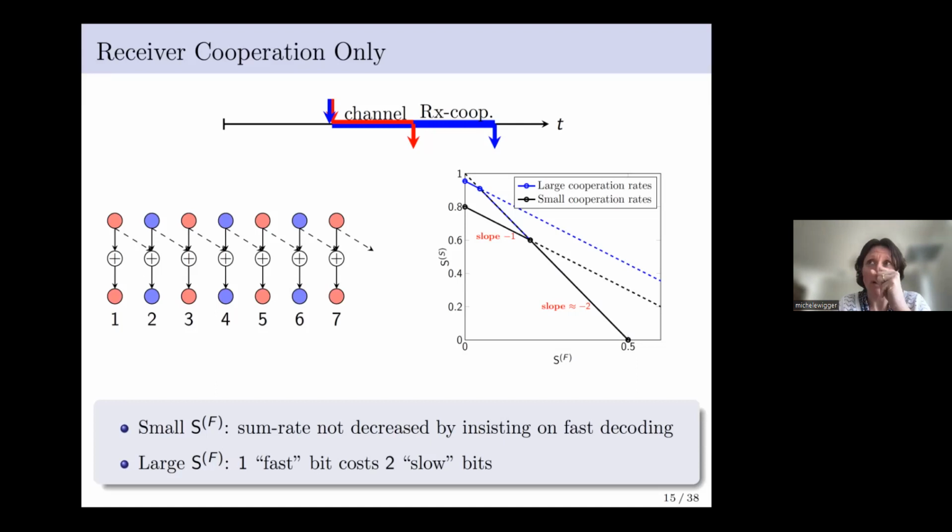And therefore, wherever you want to transmit the fast, if you want to have a good high-SNR performance, you need to silence the surrounding slow transmitters. And that's why it's like scheduling, right? It's time sharing. That's why you have a degradation. So in particular for this easy network, whenever you want to send a fast bit, then the overall performance diminishes also by one bit because you have to sacrifice two slow bits.